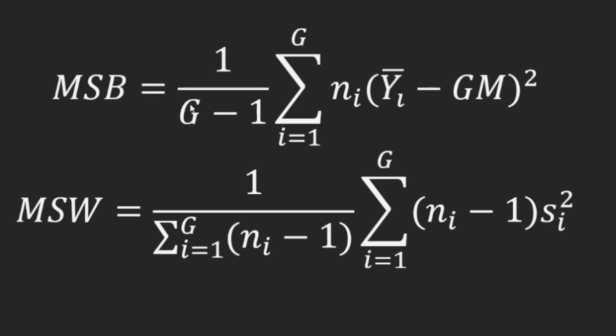So if we have 4 groups, we are going to be multiplying by 1 divided by 4 minus 1, which is 3, or a third. Now, multiplying by a third is the same as dividing by 3. So this over here is the divisor.